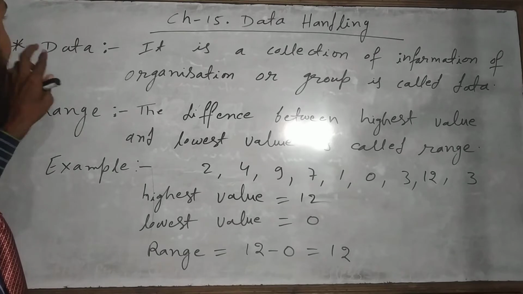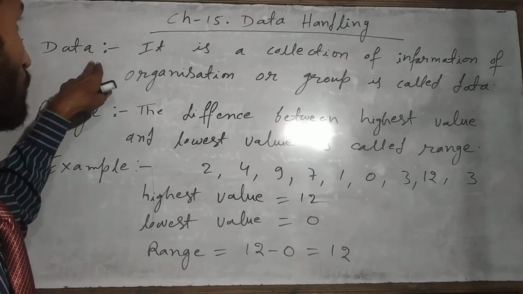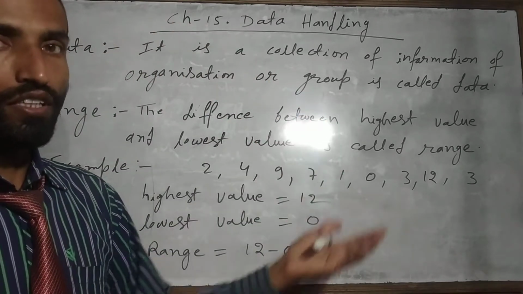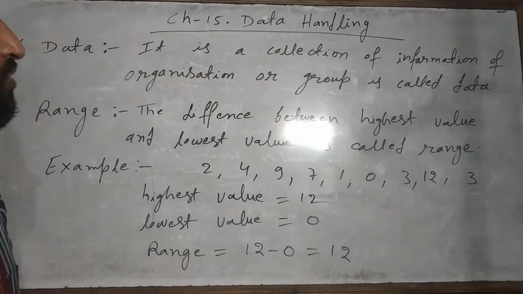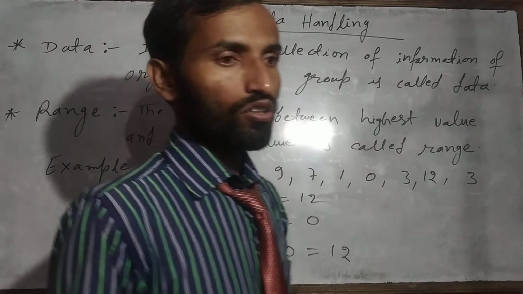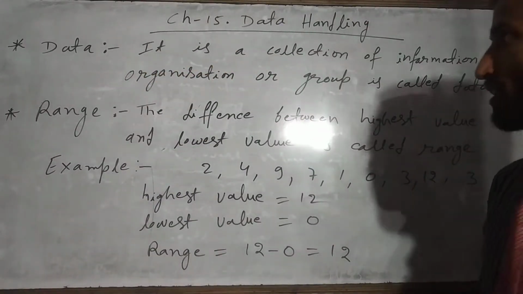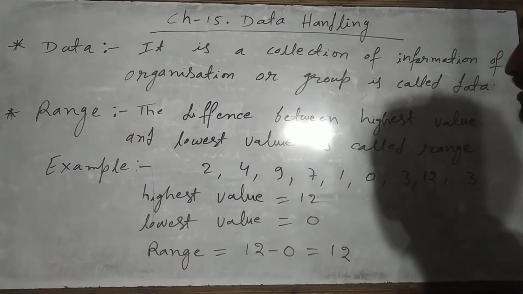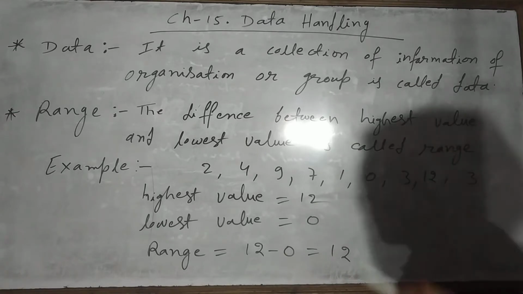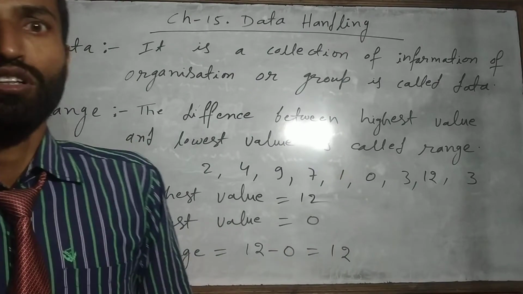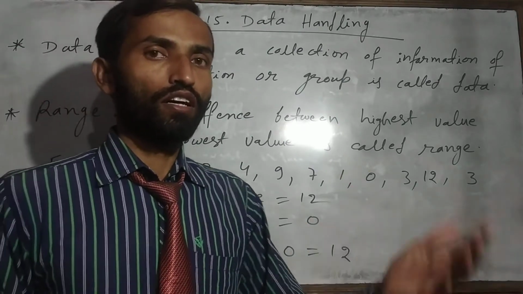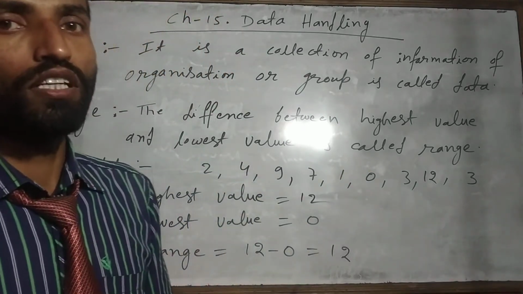So just listen, this is data. What is the definition of data? Data is a collection of information of any organization or any group, or you can say any school or any institute. For example, a school has different classes, and each class has different sections.